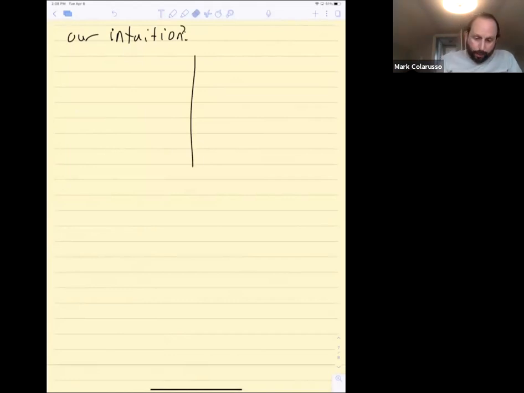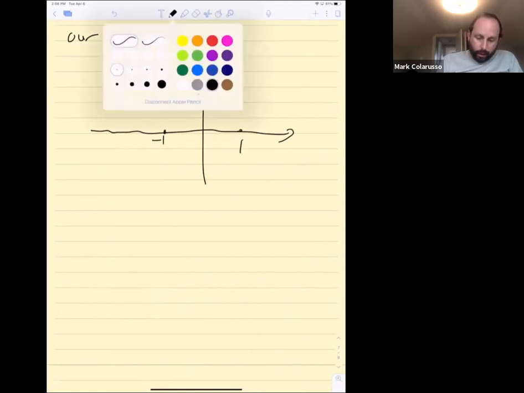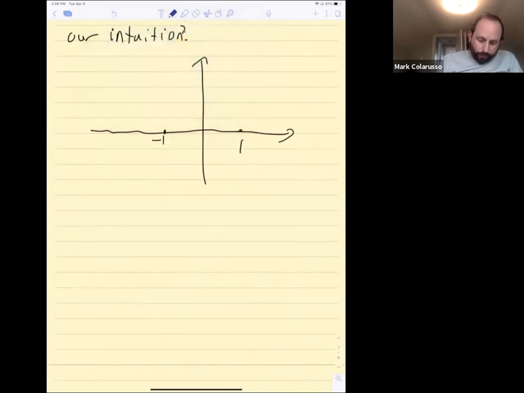I've had to move the iPad to avoid Kat, who was about to finish the question for me. So we have -1, say, here, and 1 here. This is maybe not to scale, but this is the line, just drawing the line y equals 1 minus x.